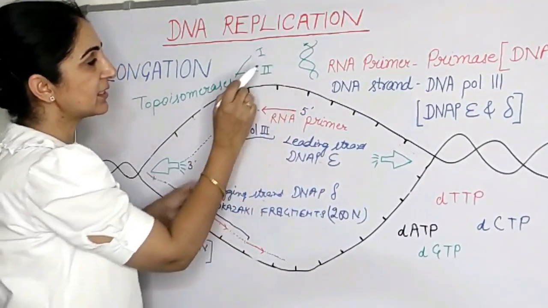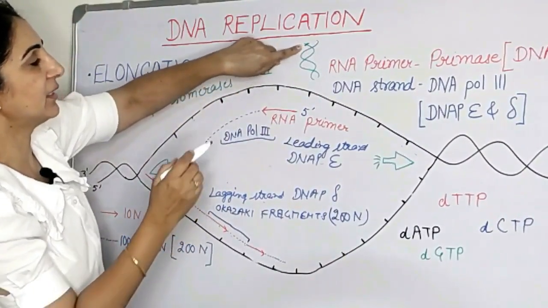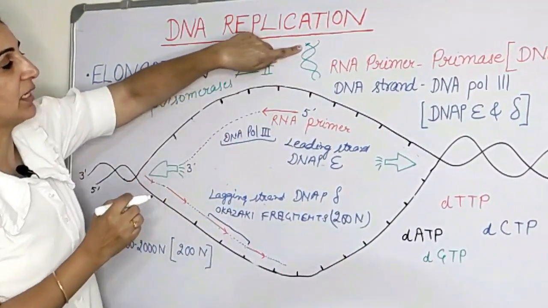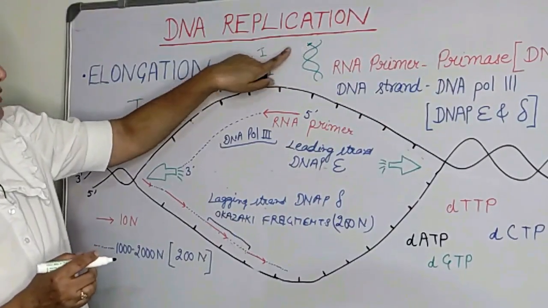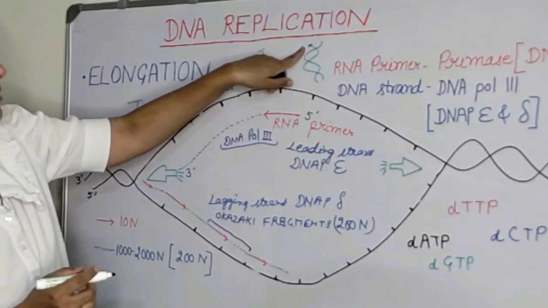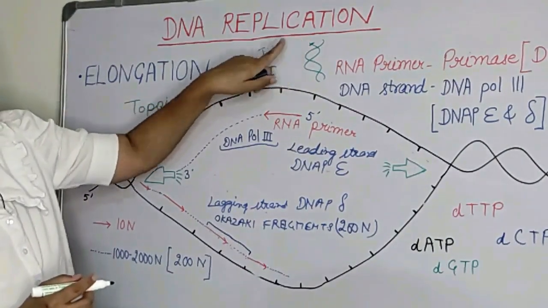So it will cut this strand from here, and the other strand of the DNA double helix will move through this nick, and again this end will be sealed. Such kinds of enzymes are called DNA topoisomerase 1.